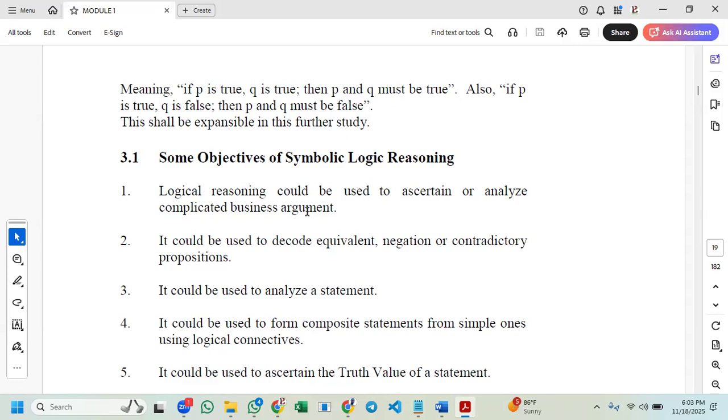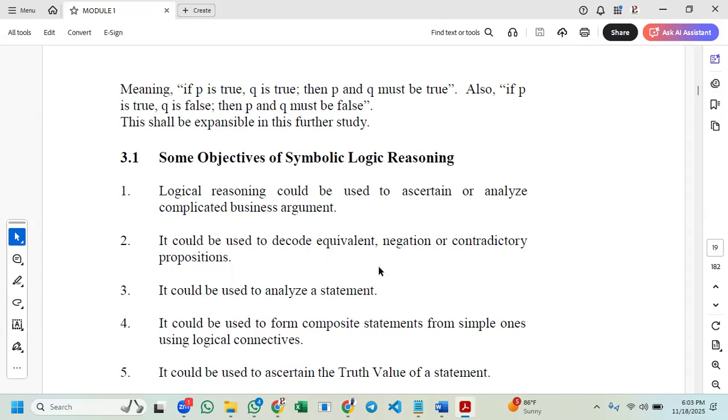Now, it could be used to decode equivalent, negation, or contradictory propositions. What we are trying to say is that if you make a proposition that is not true, or that is the opposite of what you meant, logical reasoning could help in detecting or decoding them.